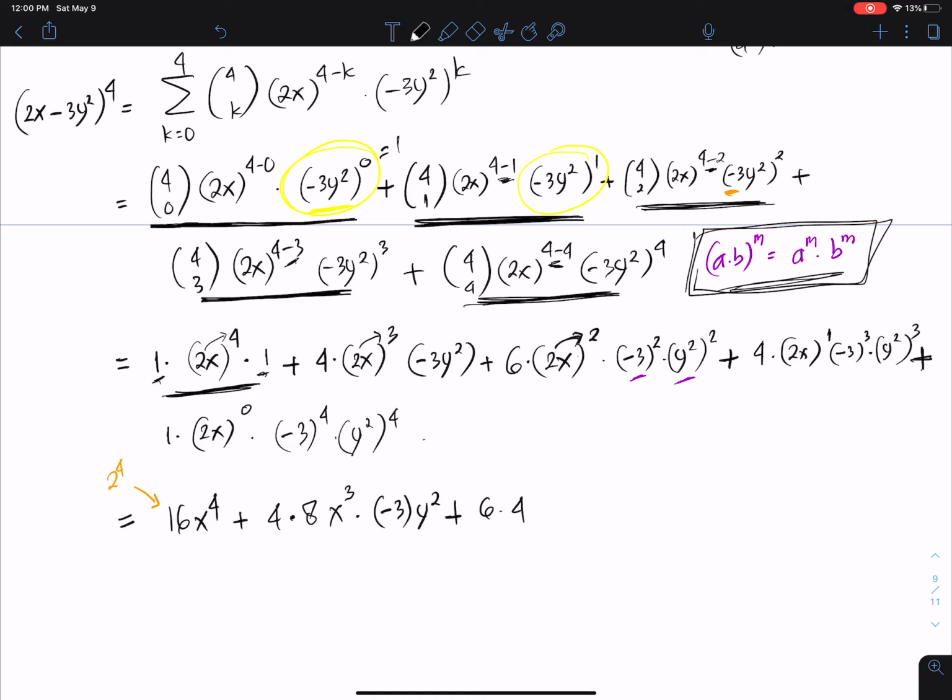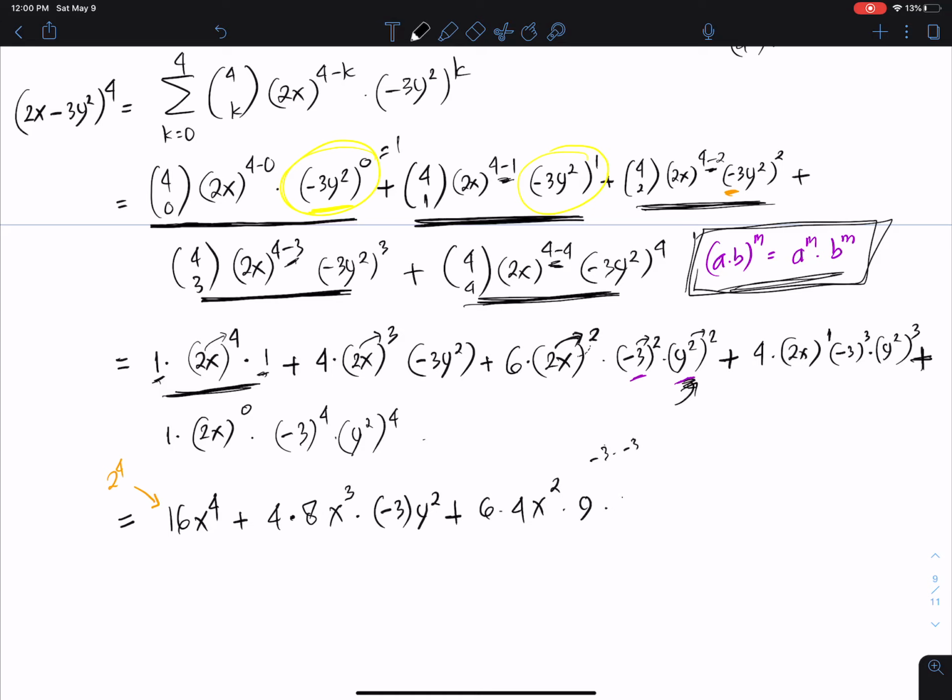And then x again, x to the power of 2. Okay. And then minus 3 to the power of 2, meaning minus 3 times minus 3. Minus times minus becomes positive. 3 times 3, 9. So we got 9. And then y squared here, y squared to the power of 2 again here.